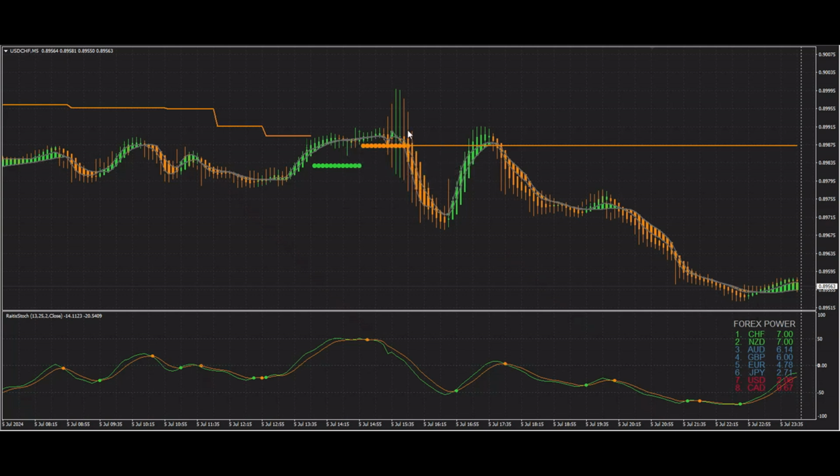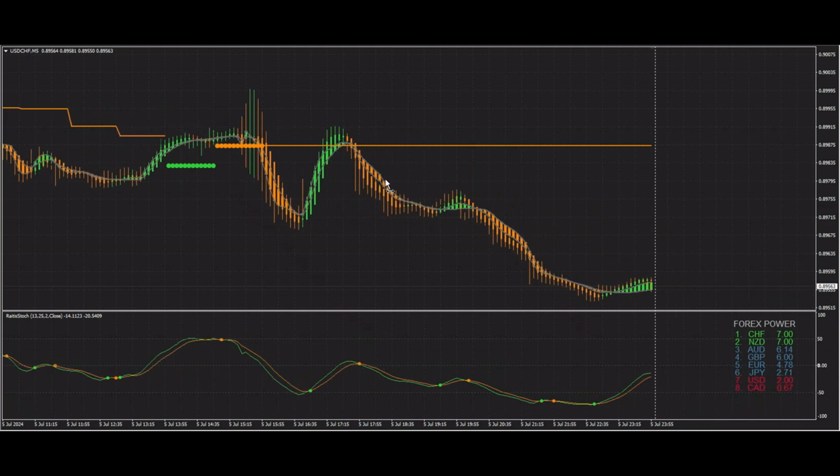So here you have a sell signal when the price channel is broken downward. All you do is open your sell trade, considering the fact that we have already highlighted what the signal is giving us.